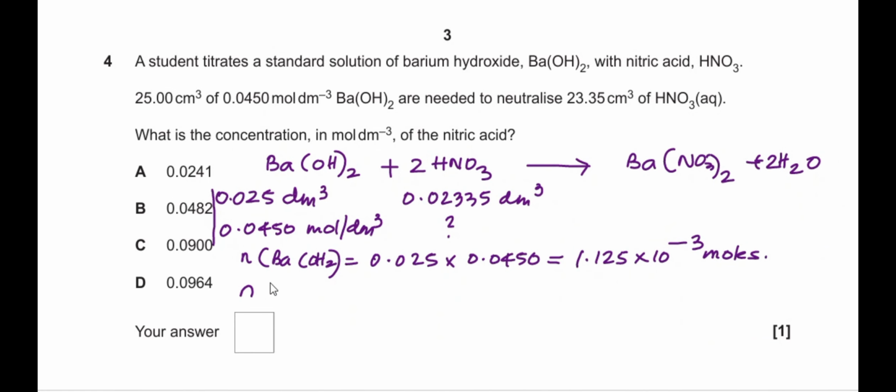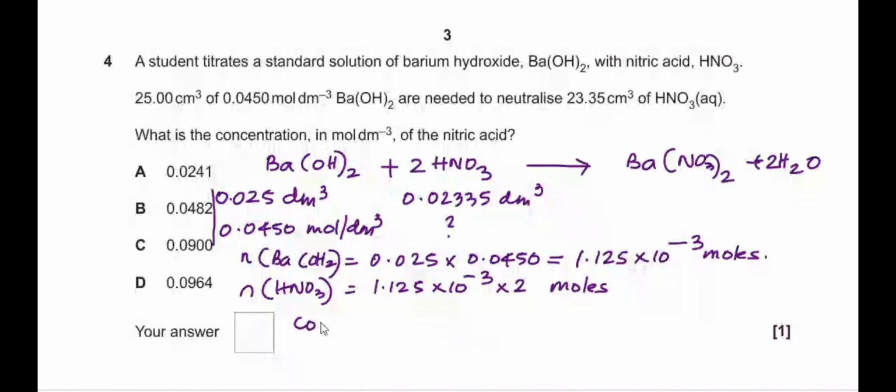Therefore, the number of moles of nitric acid that is taking part in this complete reaction is 2 times 1.125 times 10 to the power of minus 3. Now the last bit. Concentration of nitric acid, which is what we are after, is just the number of moles divided by the volume.